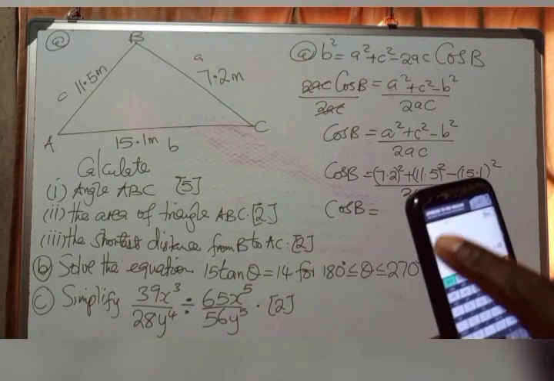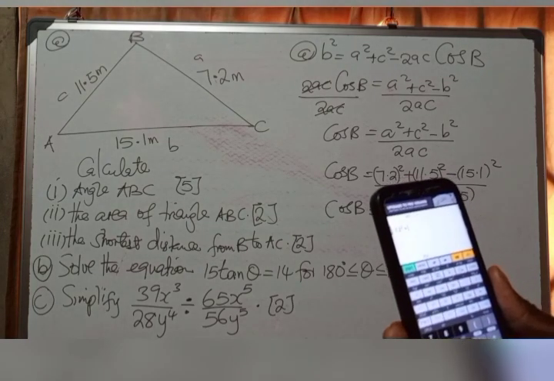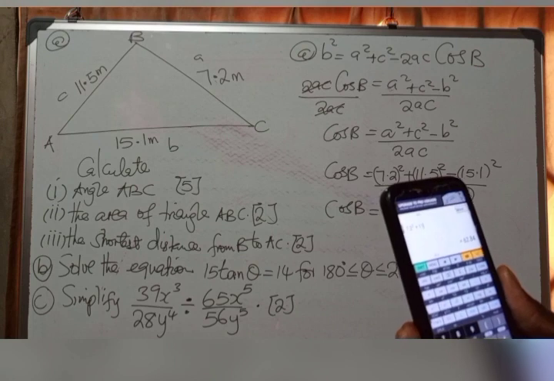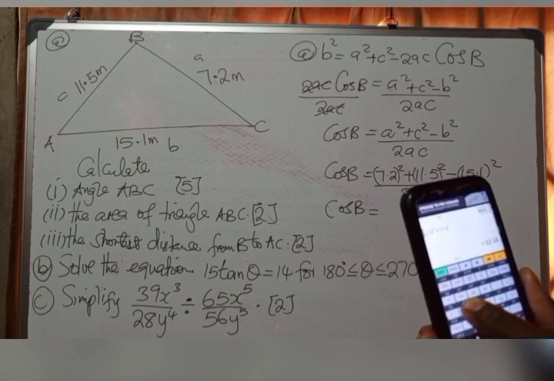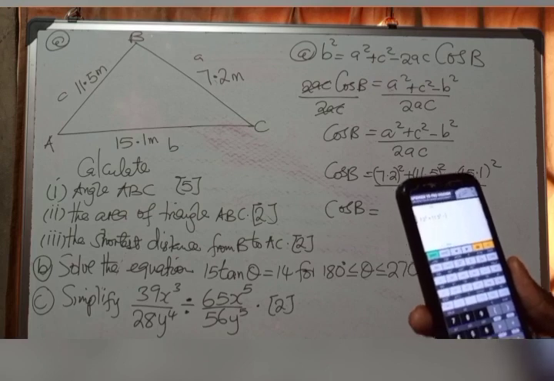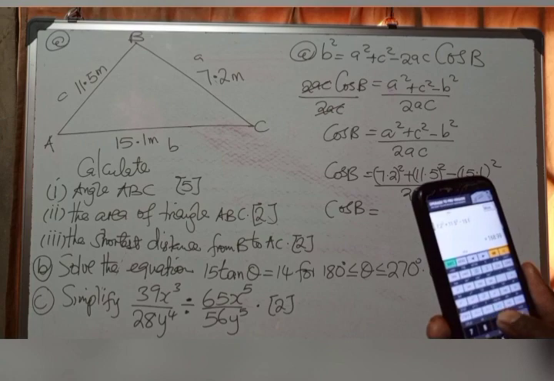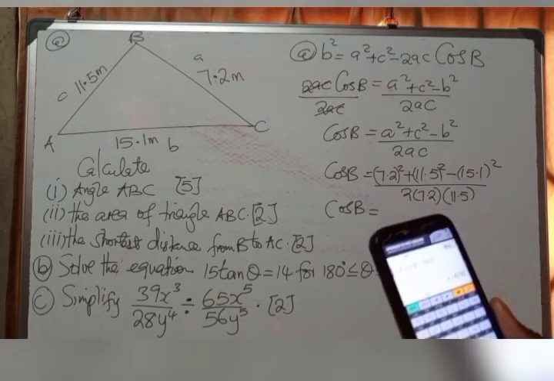Okay, the 0.2 is not there. Let me put my 0.2. Then I'll come to plus 11.5 squared also. Then I will say minus 15.1 squared.